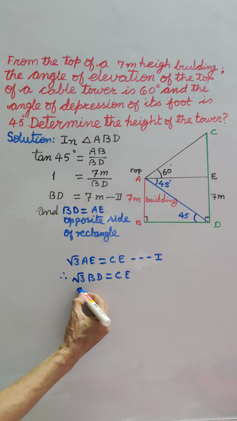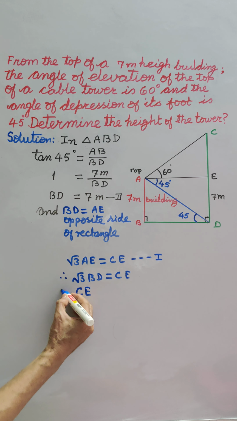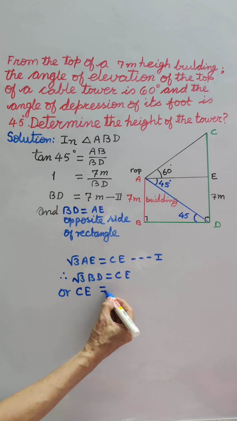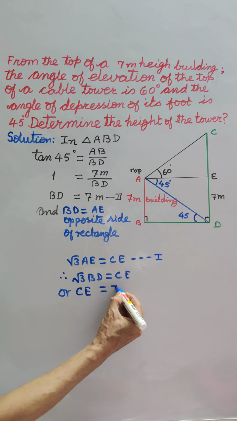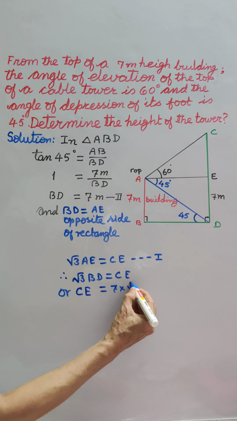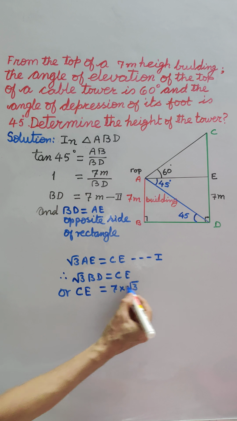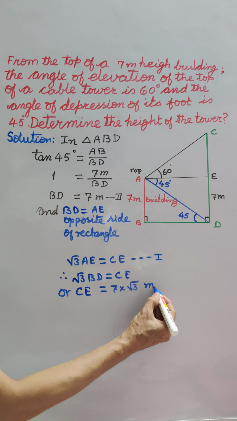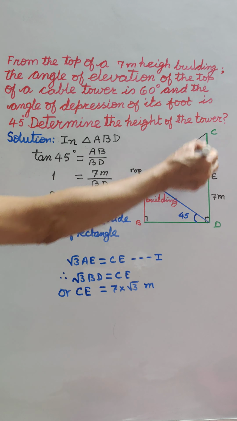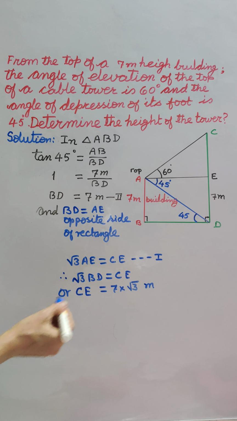So CE is equal to 7 into root 3. This way we have the height CE equal to 7 root 3 meters.